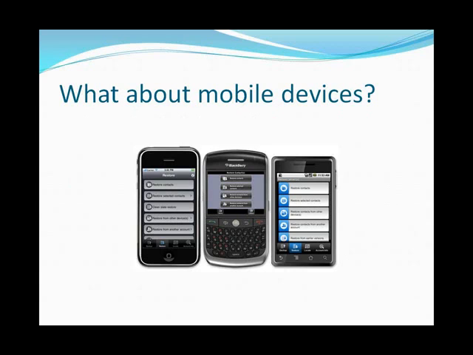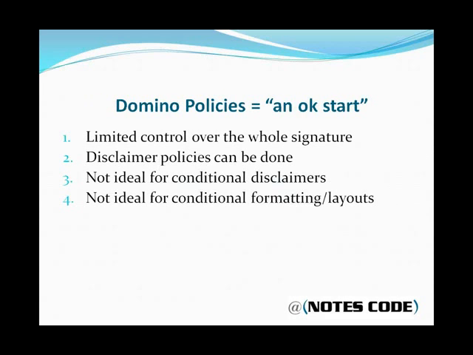So what about these mobile devices? We have the three popular ones, of course, but we also have iNotes. Domino policies, it's an okay start, to be honest with you, and we all know that we have limited control of what we can actually do. Yes, we can put disclaimers out there. We do have a little more flexibility with those. But when it comes to needing conditional disclaimers or having formatting set just right in the layouts, it's just not there.